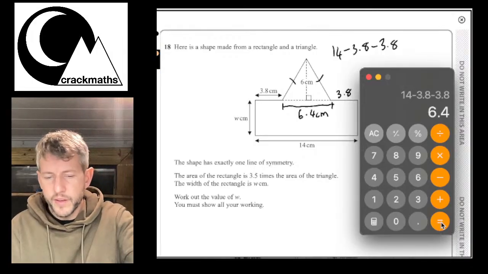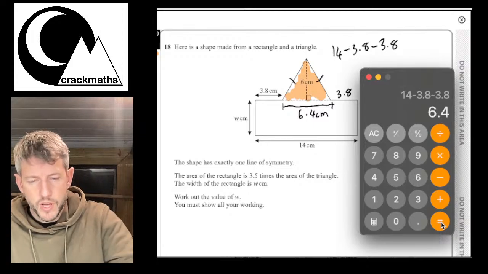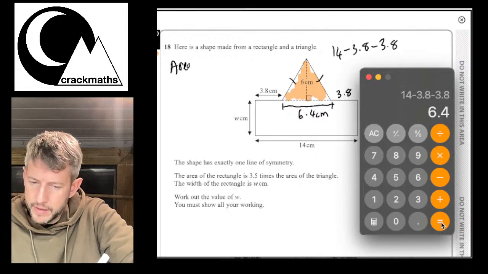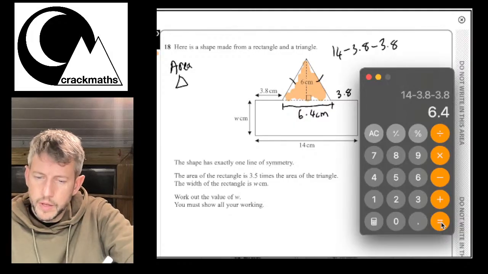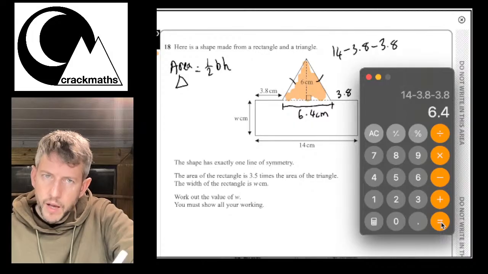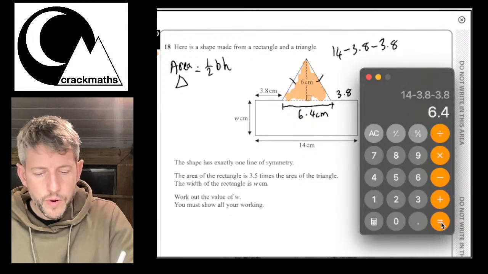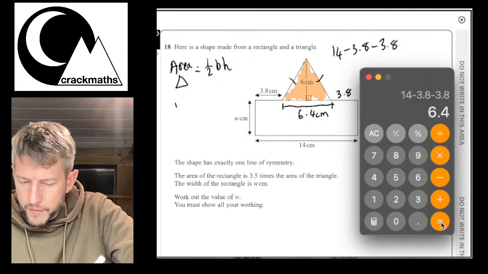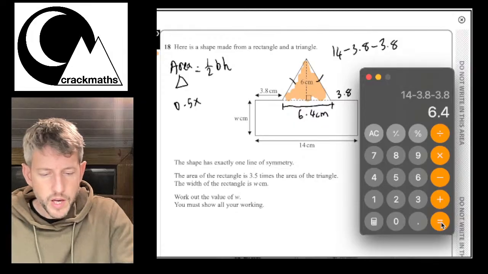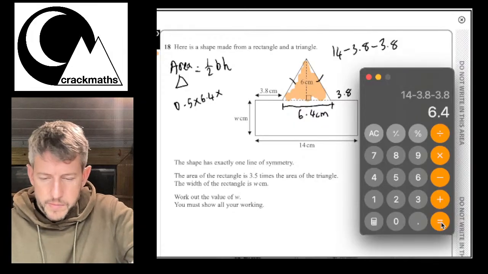So now what we need to do is work out the area of this triangle. The area of a triangle is equal to half base times height. So let's work that out here. A half, I'm going to write it as 0.5, times 6.4 for the base times 6 for the height.